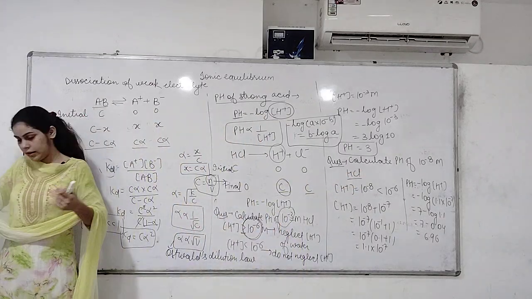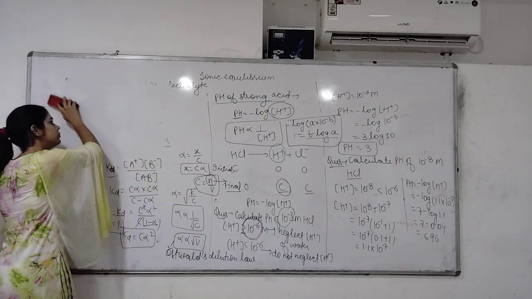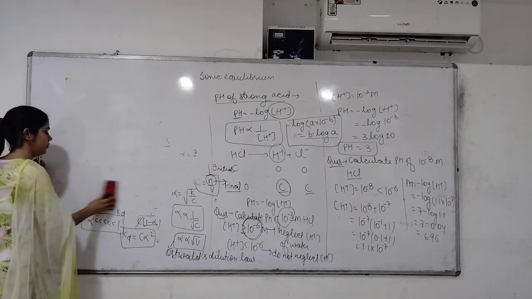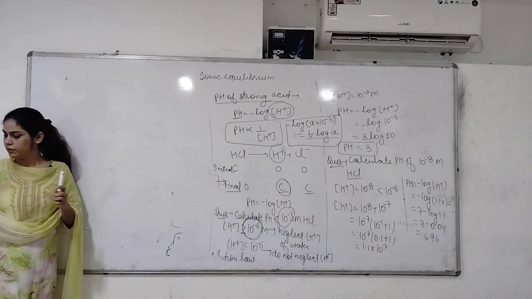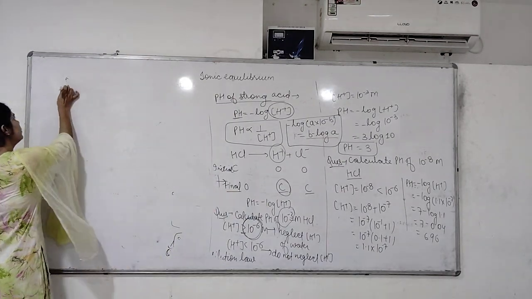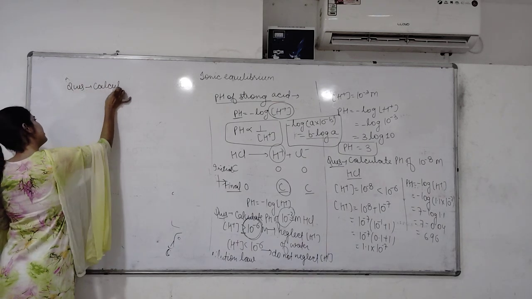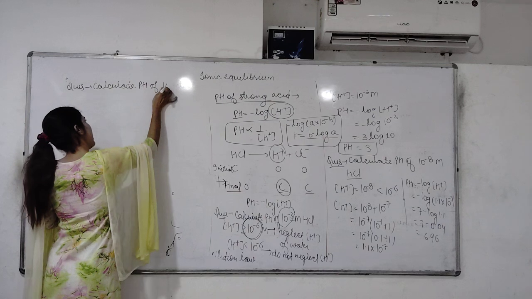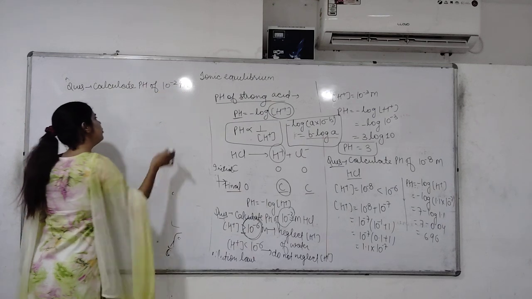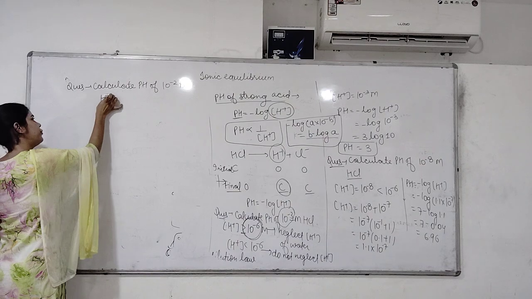So let's take another example. Calculate pH of 10 raised to power minus 2 molar H2SO4.